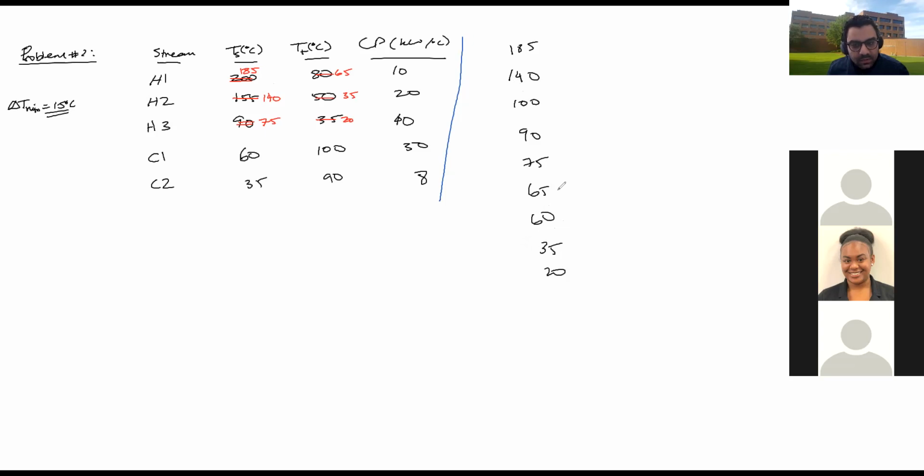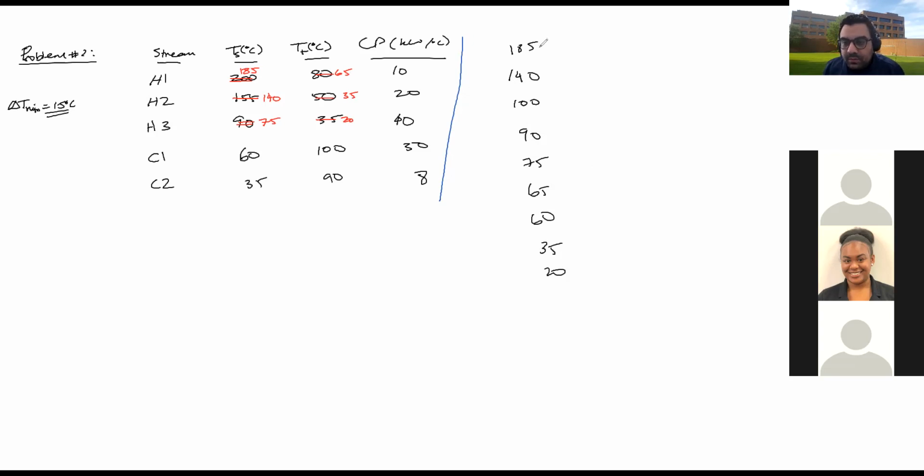Did I miss something? 185 to 140, 140 to 100, 100 to 90, 90 to 75, 75 to 65, 60, 35 to 20. No, it looks fine. Okay, so I arranged them from highest to lowest.